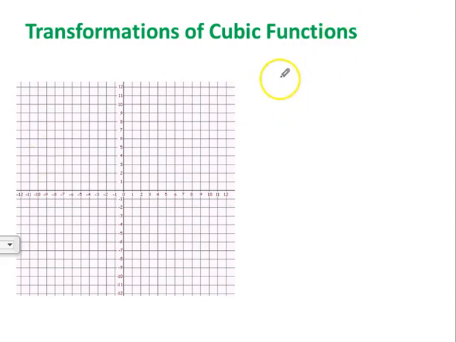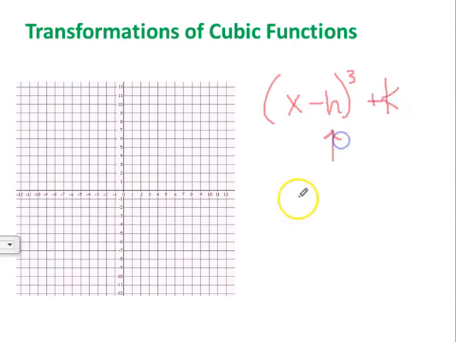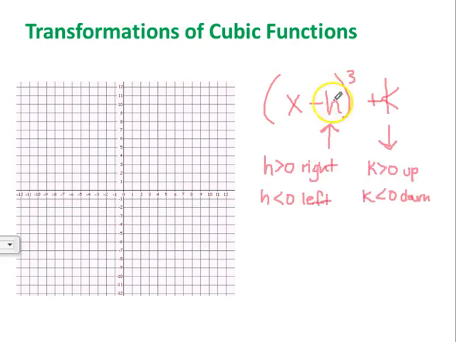Now though, if you have x minus h in the parentheses with your cube, this will be your horizontal movement.